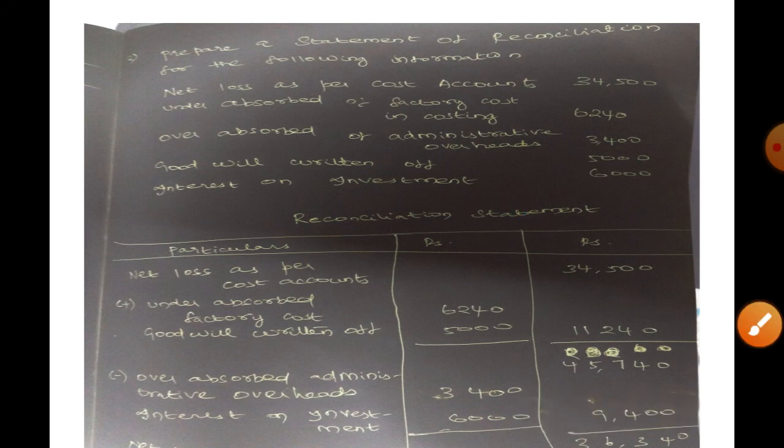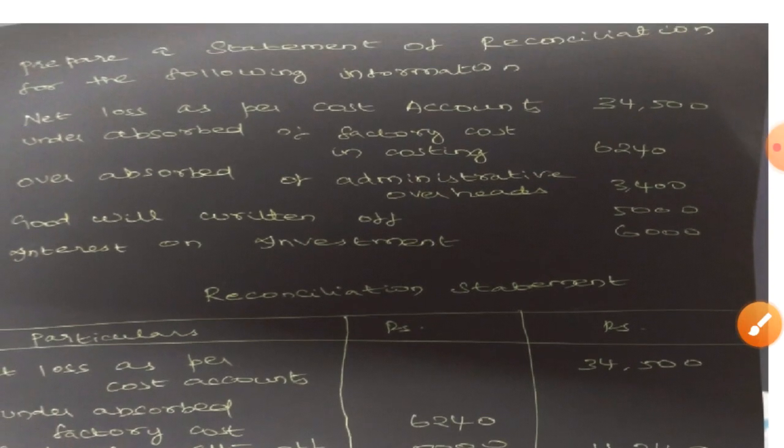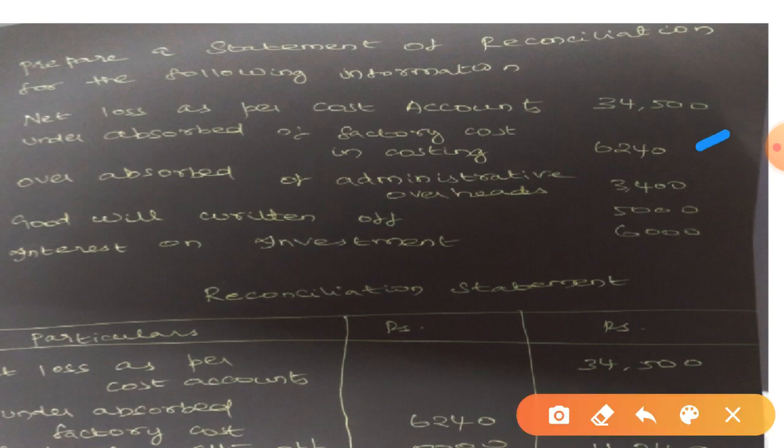Under absorbed factory cost in costing, which is 6,240. This is the information. Basically we know under absorbing means we had to get a higher amount, but we have received a lesser amount.